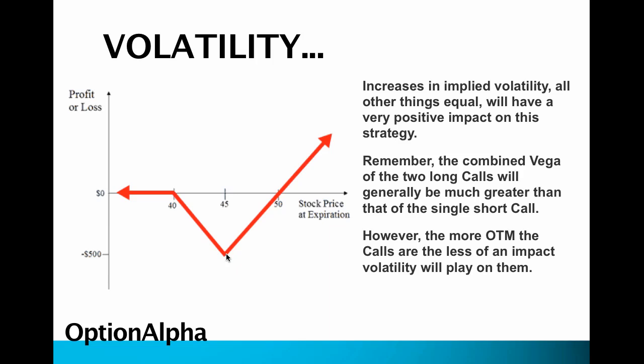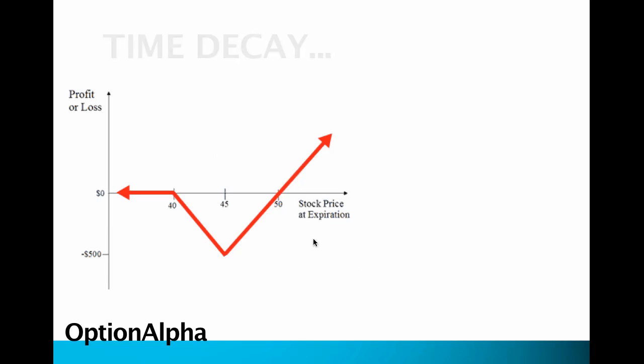This extra long call option is going to have all of the vega or volatility features of the strategy. The other 2 options more or less cancel themselves out, but since we're long an extra call option, it's going to act more like a long option. And since volatility is great for the strategy, big wild swings are great. That's what creates this profit zone up here. We want the stock to move violently and move into a profit zone once we enter the trade.